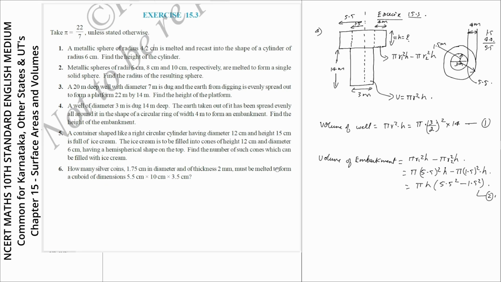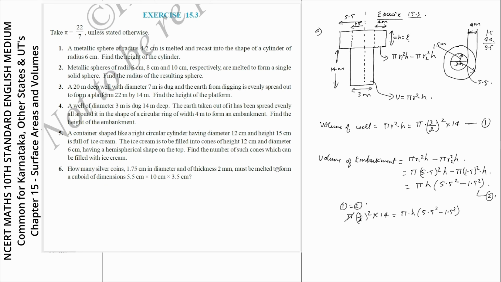Now the embankment is made from the soil that is dug out from the well, therefore the volume of the well is equal to the volume of the embankment. 1 is equal to 2. Therefore pi into 3 by 2 whole square into 14 is equal to pi into h into 5.5 whole square minus 1.5 whole square.